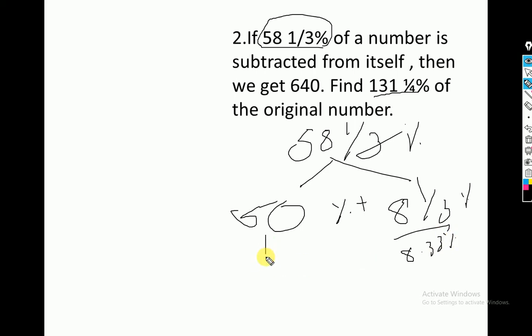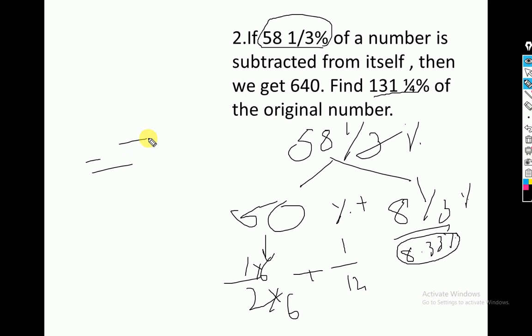The value of 50% is 1 by 2, and we know that the value of 8.33% is 1 by 12. Now we can multiply the 1 by 2 with 6 and it comes to be 7 by 12. So the fractional value of 58 1 by 3 percentage is 7 by 12.